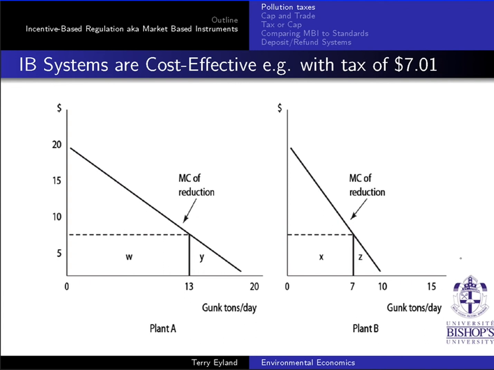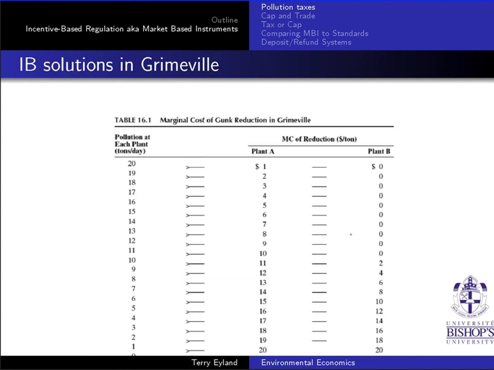And here we could see that this factory is pretty much costless to reduce. So we can have a situation where they're actually producing 20, but those first 10 units, as could be seen in this example here, are pretty much costless to reduce.